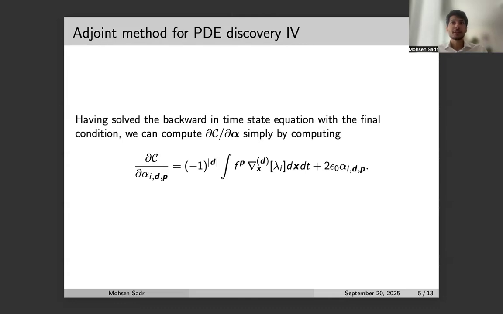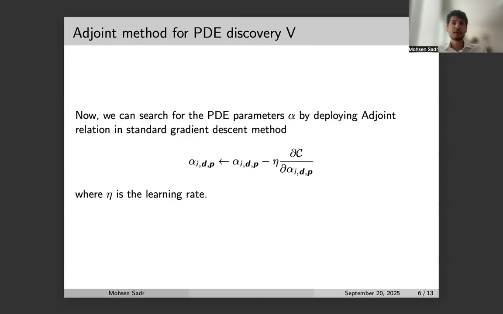Note that the second derivative of the cost function with respect to PDE parameters becomes positive definite, leading to a convex optimization problem that is controlled by the regularization parameter epsilon 0. Once we compute the gradient of the cost function with respect to the PDE parameters alpha, we can simply use a standard gradient descent approach to update parameters of alpha with some learning rate eta.